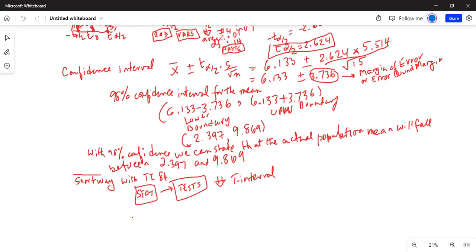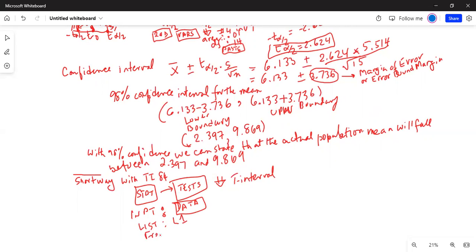Now in TInterval, input should be data. Put the cursor on data and hit enter, so the cursor is flashing on data. List is automatically set as L1, where we have entered the data.